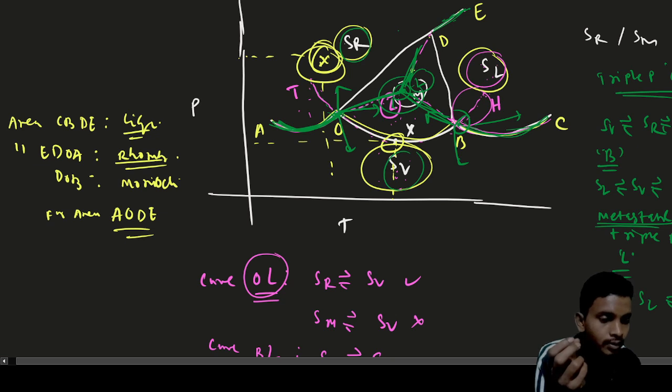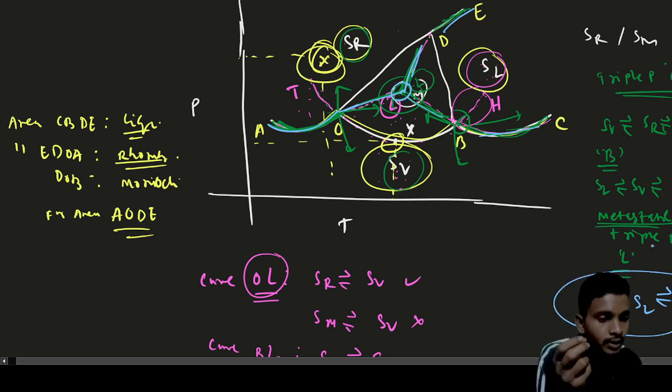Let me write. So this curve, I write on another page. So this curve comes because of this. So these curves I can write, let's say SR, and this curve comes because of this, let's say SL, and this curve comes from here, so let's say SB.